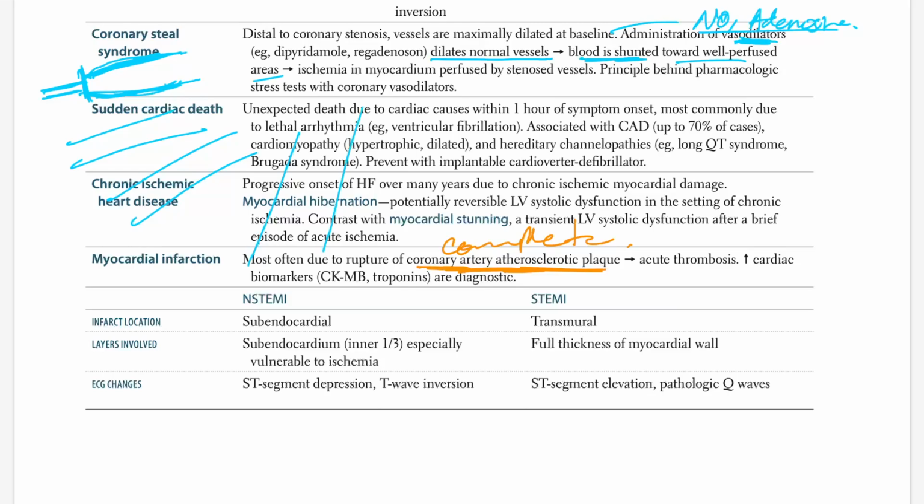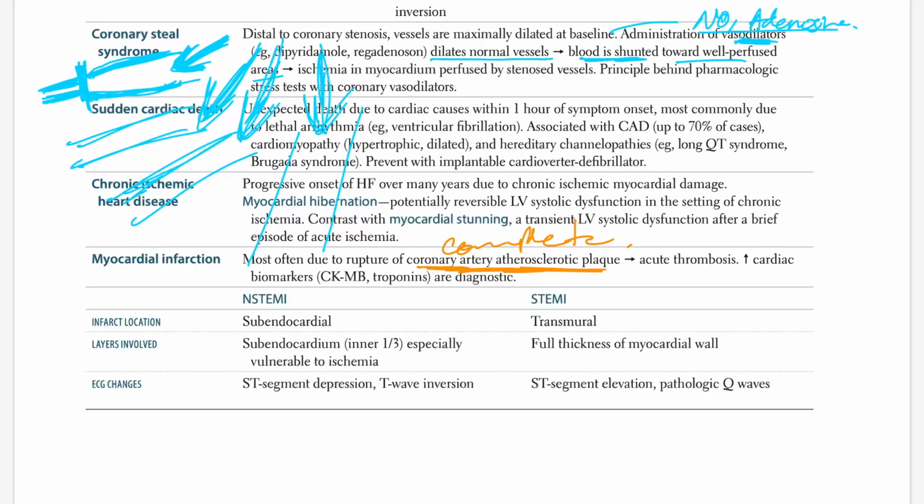Instead of the blood going here, all of the arteries are dilated, so blood is just going to go into all of these dilated arteries. The stenotic vessel was first the main focus, right? The focused vessel was just one vessel, which was stenotic. Distal to the stenosis, you had this dilation, so it was trying to get more blood from all the sources it can. But now since you gave a vasodilator from outside, what's going to happen?